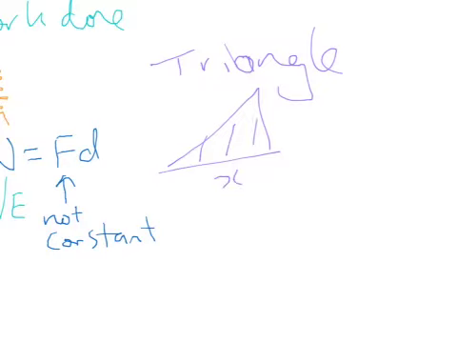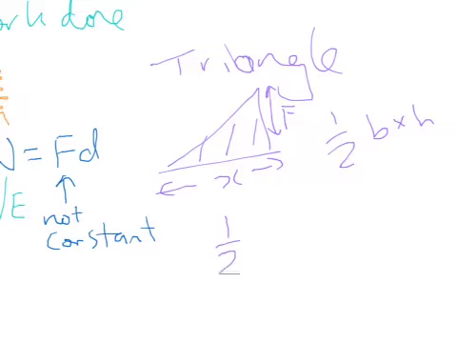It's got x across the bottom, and it's got F across here as that vertical height. And the area of a triangle is half base times the height. So in this case we're going to have half x times F. And that's going to give us the energy stored under here.